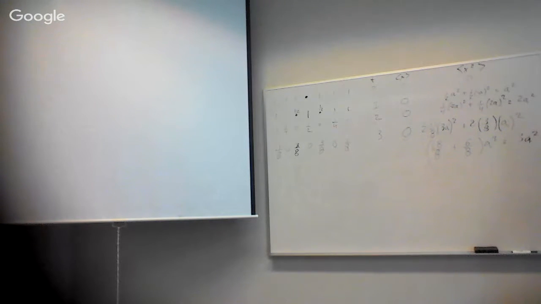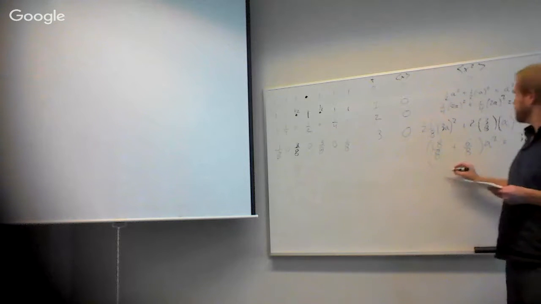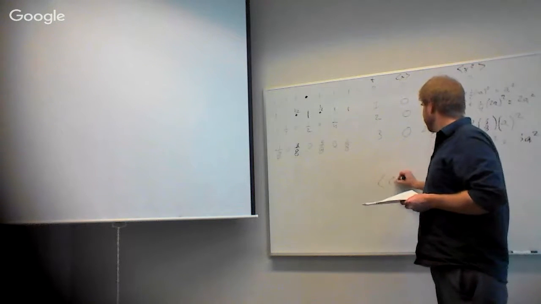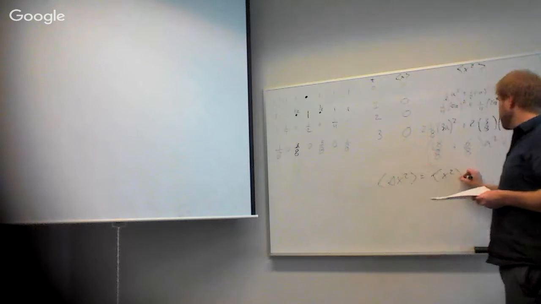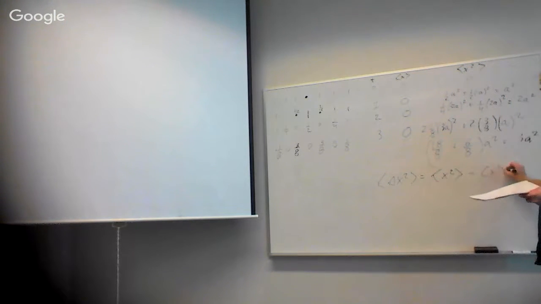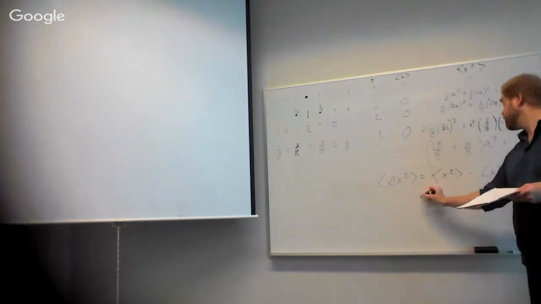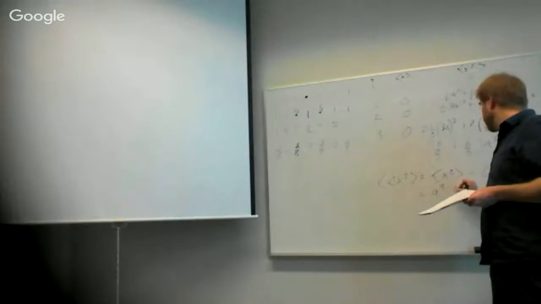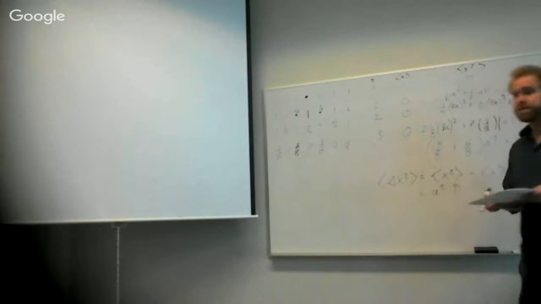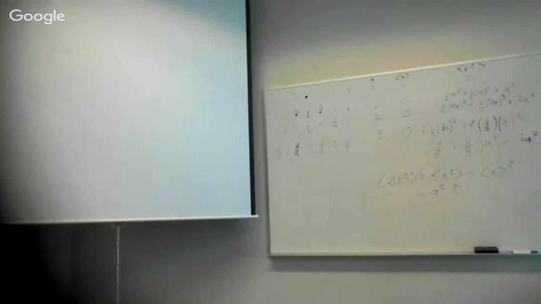So are we seeing a pattern? Let's do another one. Delta x squared is equal to the mean of x squared minus the mean of x, squared. This is always 0. And what we see here is that this is our time. It's just a squared times some time.